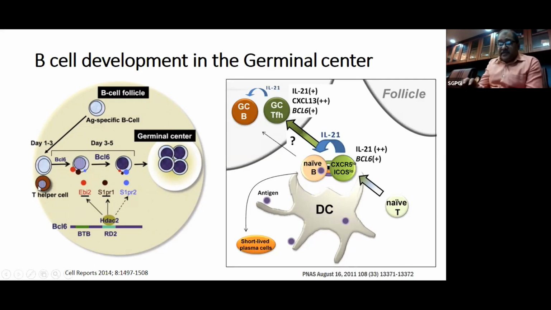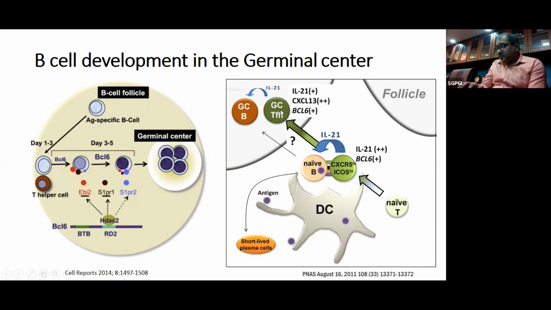These follicular helper T cells also express BCL6, as I have been showing in this diagram. This is taken from a paper in the Proceedings of the National Academy of Sciences, which shows that the T cell, once it becomes activated by the dendritic cell or antigen presenting cell, goes into the germinal center and starts expressing a lot of BCL6.